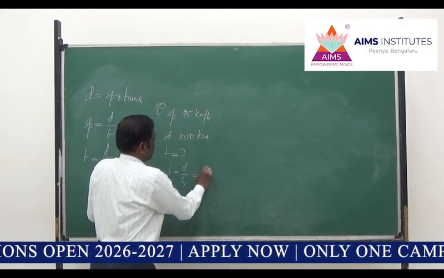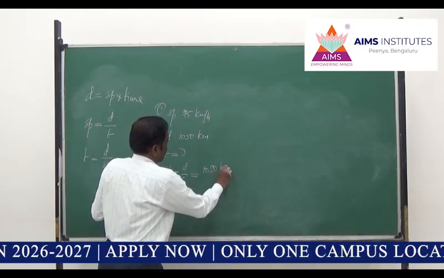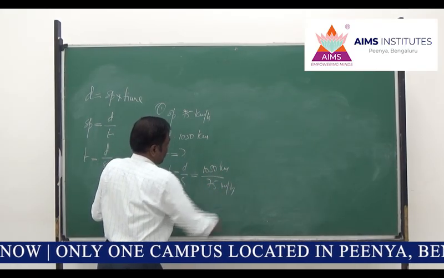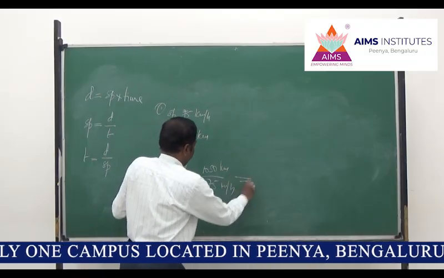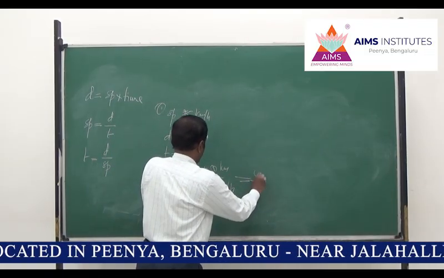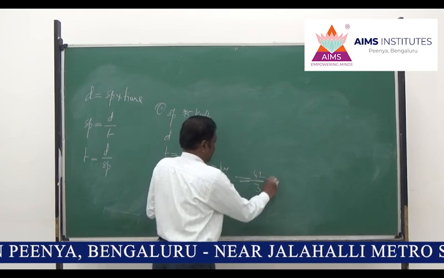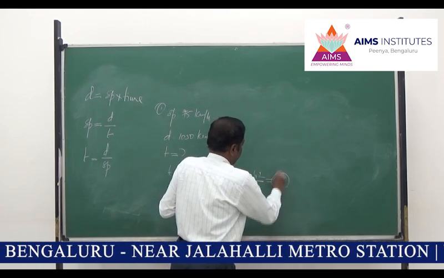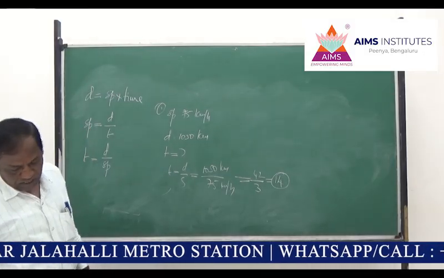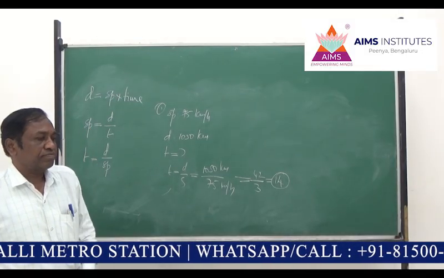What is the distance? 1050 kilometers, by speed 75 kilometers per hour. Now simplify it. 25 3s are, 25 4s are, 25 2s are. It means 14. Take 14 hours. Option C.